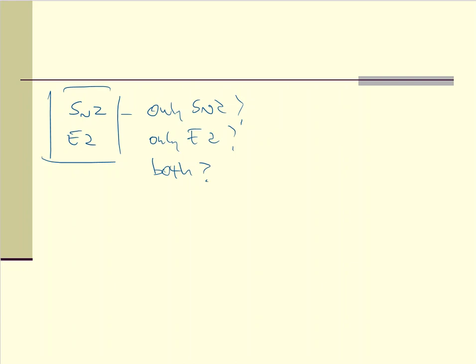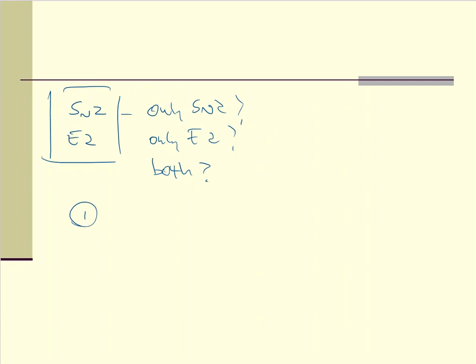The issue, though, is now that we've broken it down into the half, how do we determine whether the substitution route is preferred or whether the elimination route is preferred? Well, here's kind of the giveaway.